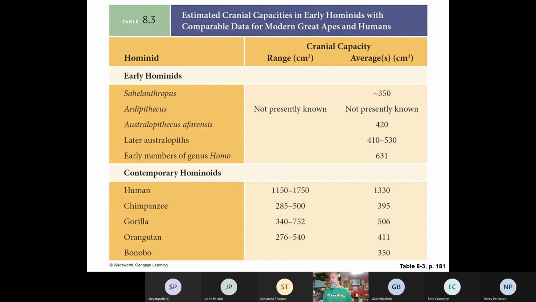But there's a big jump from Australopithecines to the genus Homo, from 410 to 500 to 631 with Homo habilis. So that is where we stand, and maybe we'll pick up a little bit more on Friday.